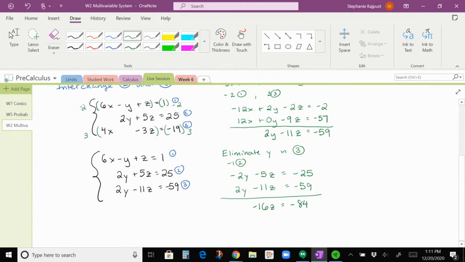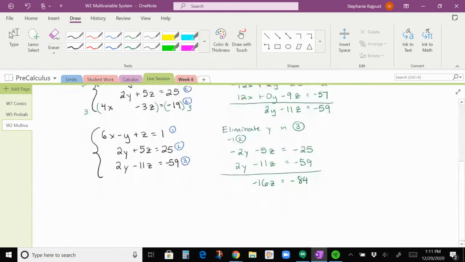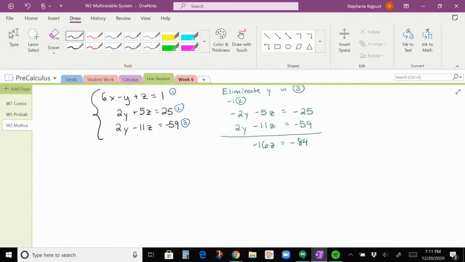So we have negative 16z equals negative 84. So now I'm going to rewrite all of my equations. 6x minus y plus z equals 1. 2y plus 5z equals 25. And then negative 16z equals negative 84.